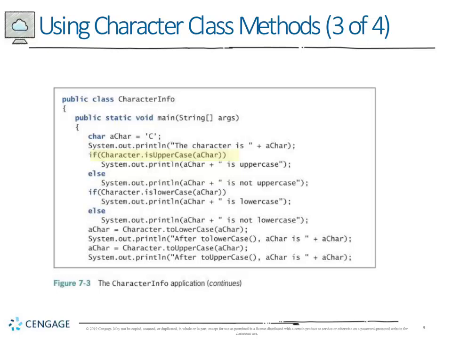So all those methods we mentioned before, to and is, are all class methods. So we use Character, then dot, then we call the method, and we pass the character parameter.